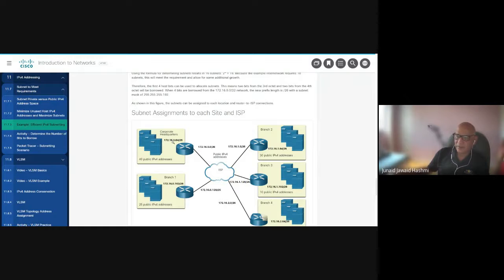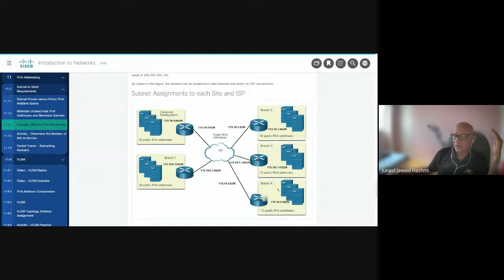The first network is 16.0, the second network is 0.1, then 0.64, 0.192, 1.64. All these networks I took from the list of networks that was generated by the subnet calculator. And then we assign IP addresses to each network.